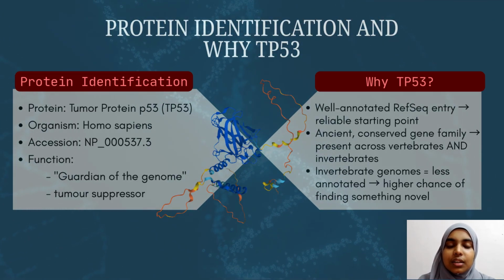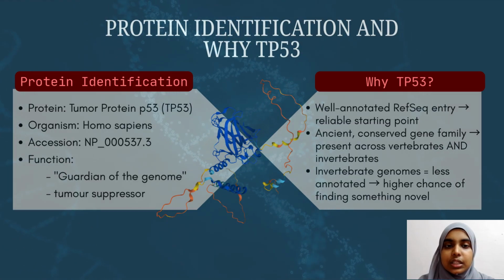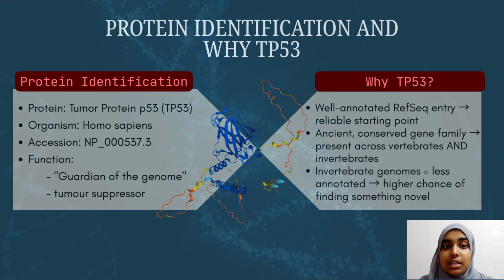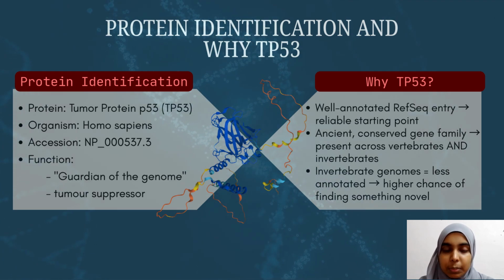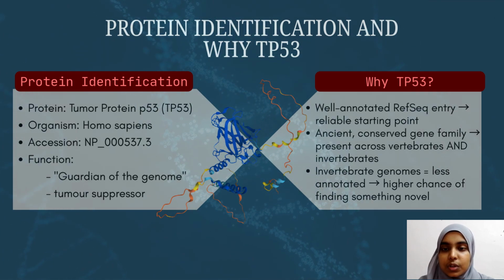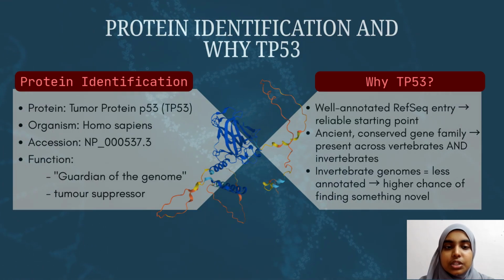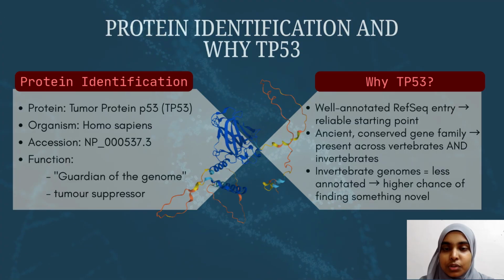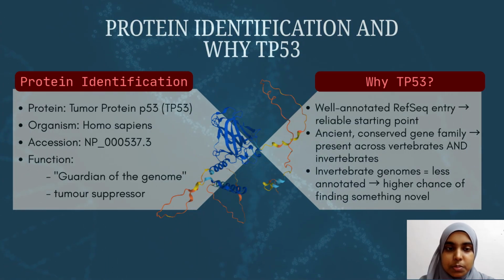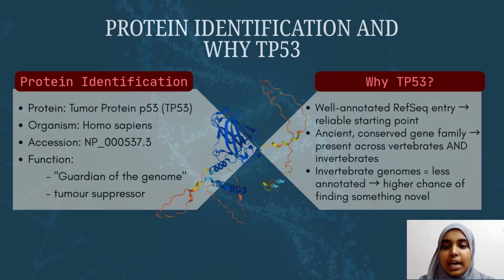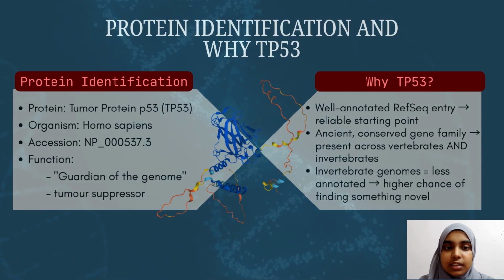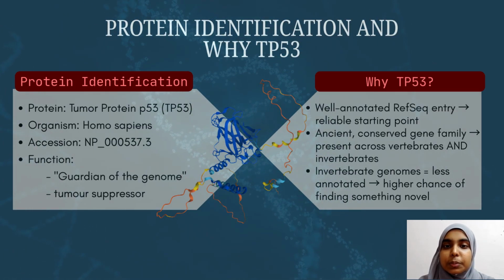And the second reason is that TP53 actually belongs to an unseen and highly conserved gene family, because it is present in both vertebrates and invertebrates. So our search is more focused on invertebrate genomes, because we have uncovered that the invertebrate genomes seem to be very few.